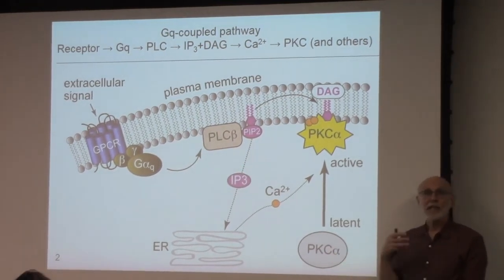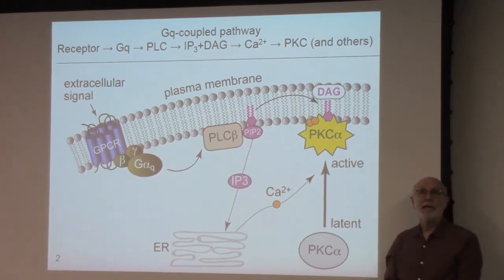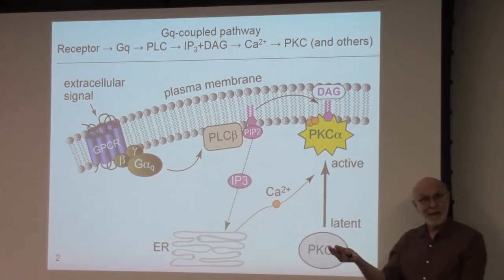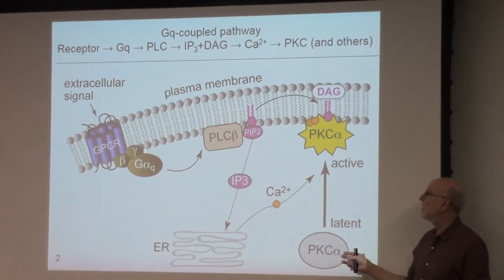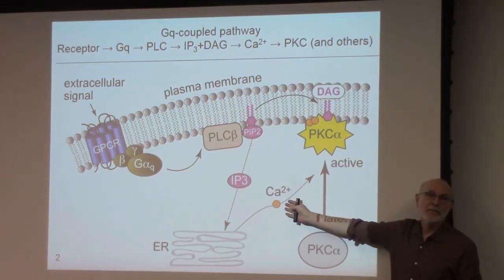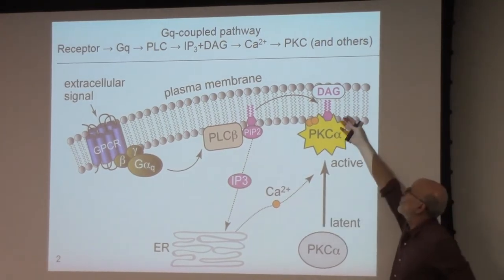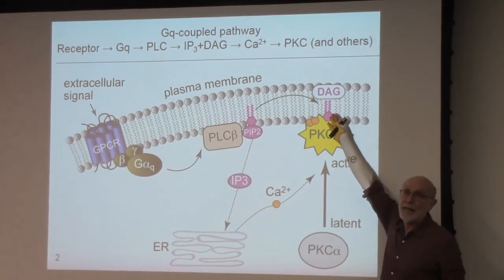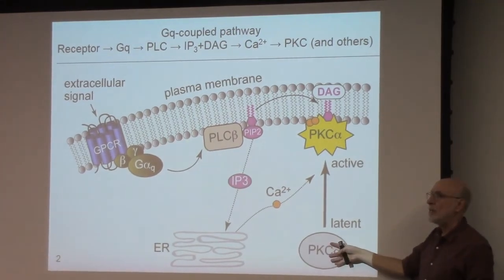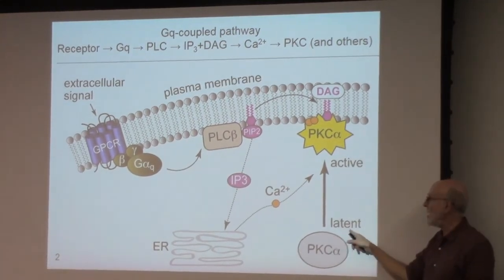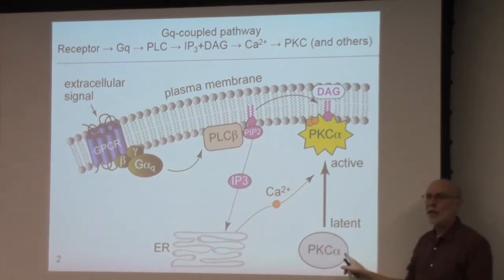So protein kinase A is activated by cyclic AMP. Protein kinase C is activated by calcium. It's also co-activated by diacylglycerol. In many cases, protein kinase C exists in an inactive form in the cytosol.